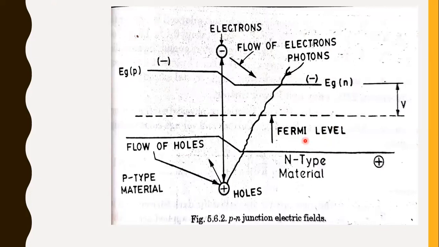Since the Fermi level is nearer to the top of the gap of the n-doped material, and nearer to the bottom of the gap on the p-doped side, an electric field will exist at the junction.